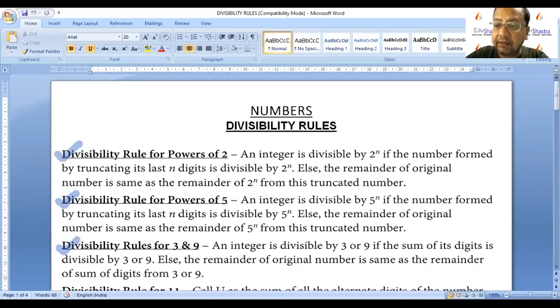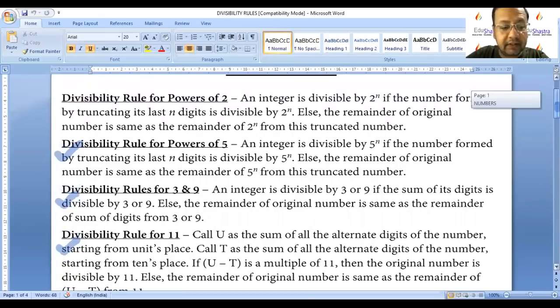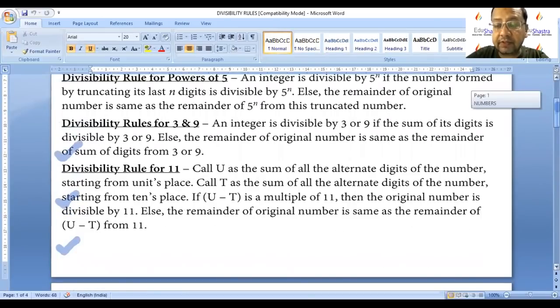Then we have done the divisibility rule for 11. And then I discussed with you the divisibility rule of 7 as well as 13, took some examples, solved them, and demonstrated how these rules are applicable for different varieties of numbers and different questions, right?